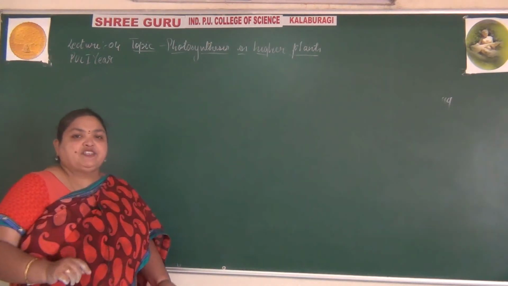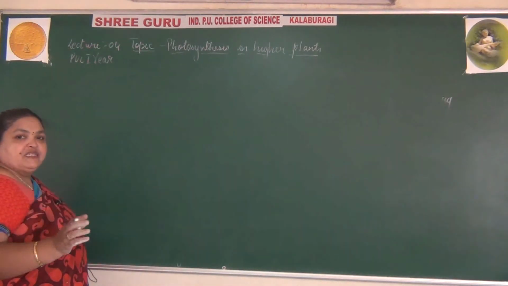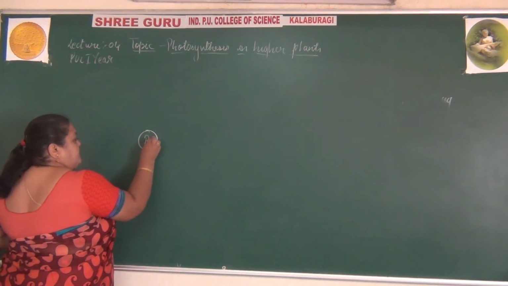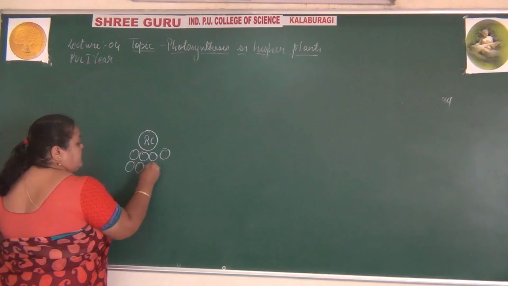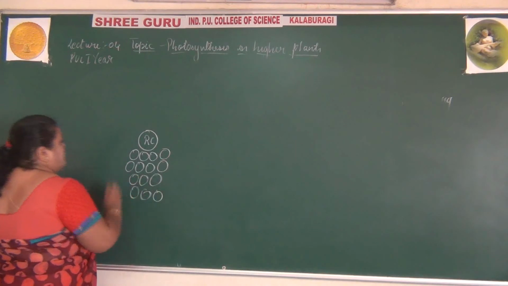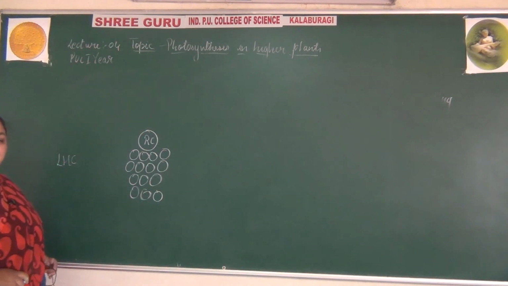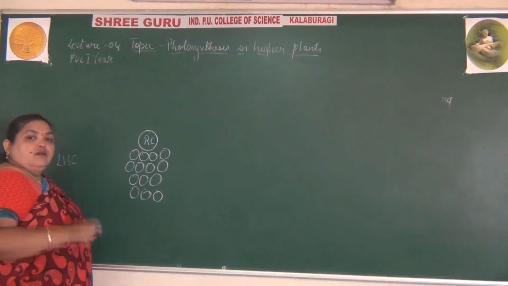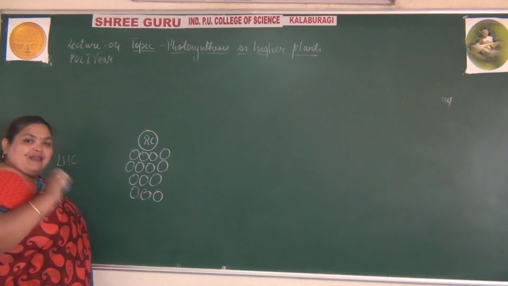I have said that there are three main processes involved in light reaction. First is photoexcitation of chlorophyll molecules. So what is photoexcitation of chlorophyll molecules? There is a reaction center where there are other pigment molecules, and they form a complex known as the light harvesting complex. So these chlorophyll a with other pigment molecules form a complex and absorb the light.